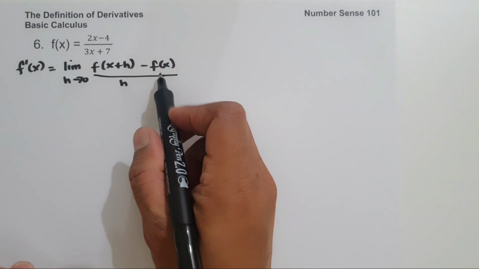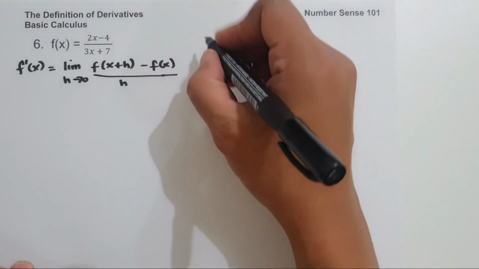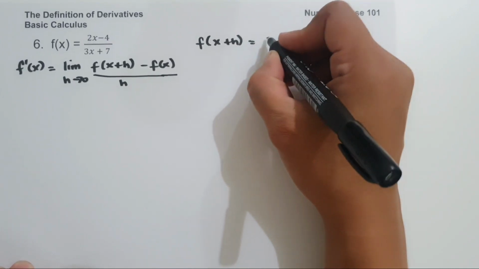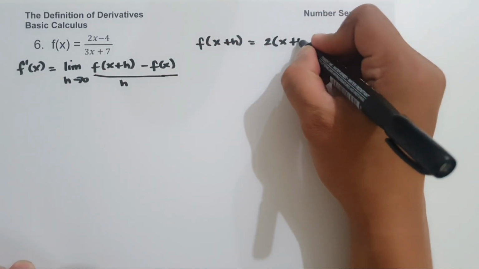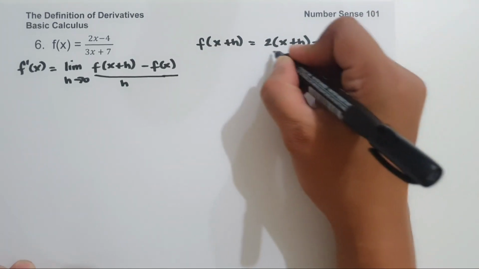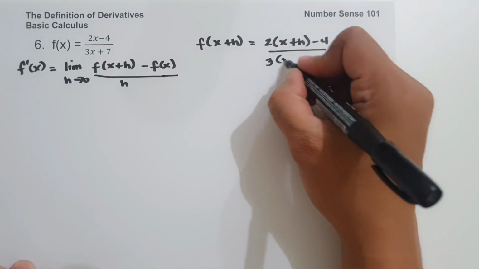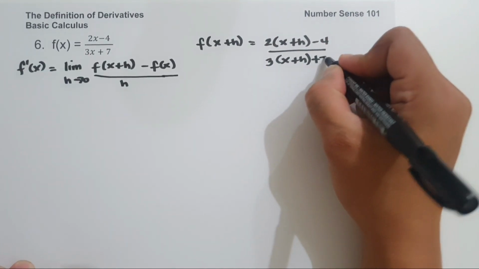Since the value of f of x is (2x minus 4) all over (3x plus 7), therefore the value of f of x plus h is 2 times (x plus h) minus 4 all over 3 times (x plus h) plus 7.